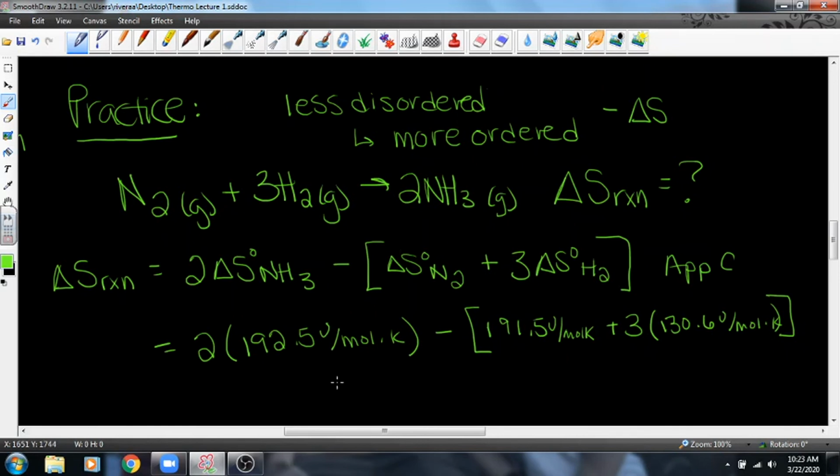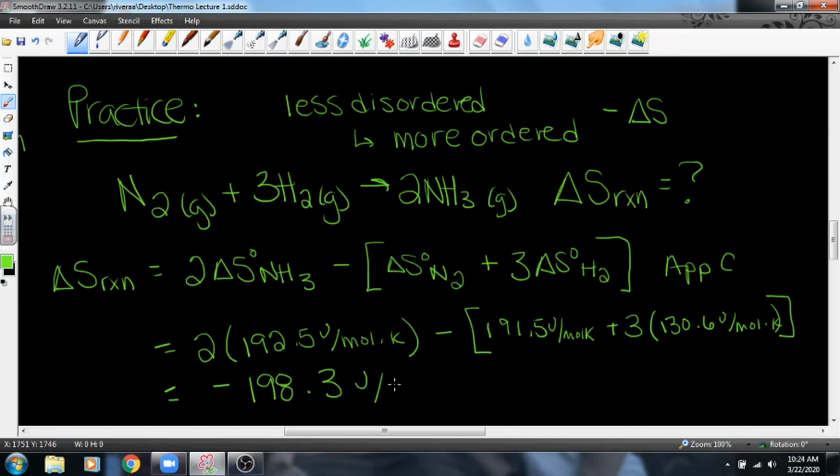Okay, so if we do this math out, 2 times the 192.5 minus 1 times the 191.5, and adding to that the 3 times the 130.6, hopefully we get negative 198.3 joules per Kelvin.